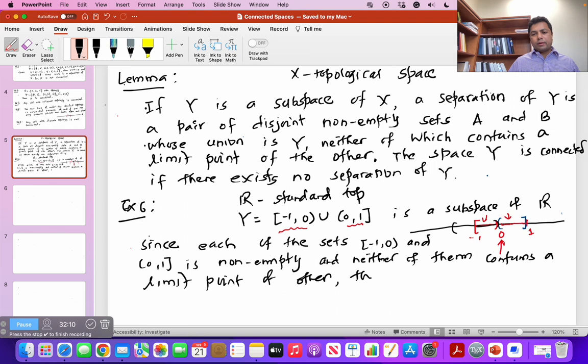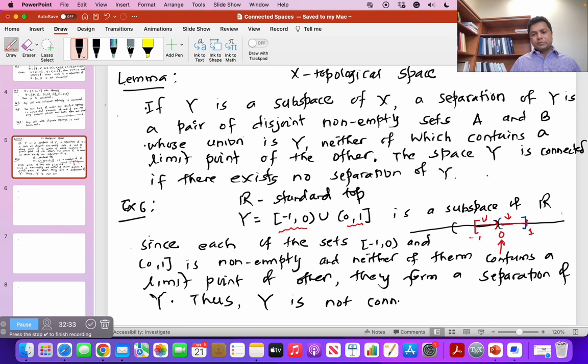So they form a separation of Y. Since we found a separation of Y, we can say that Y is not connected. So Y is not connected.